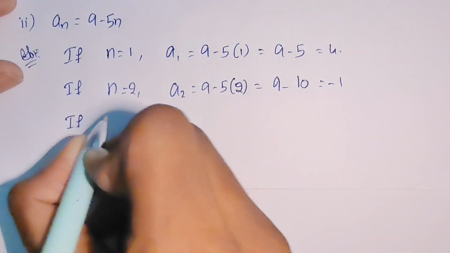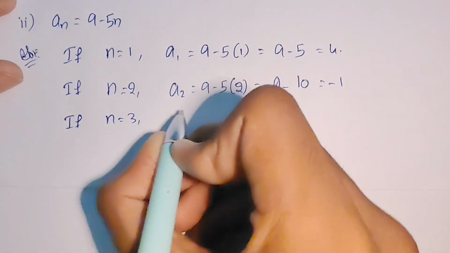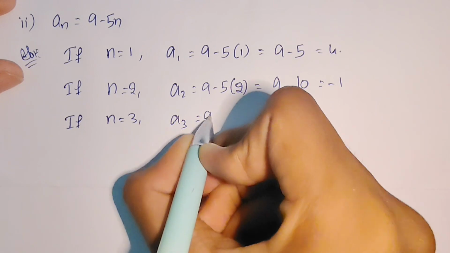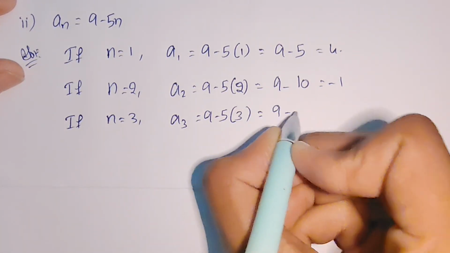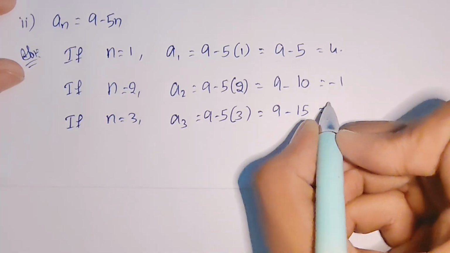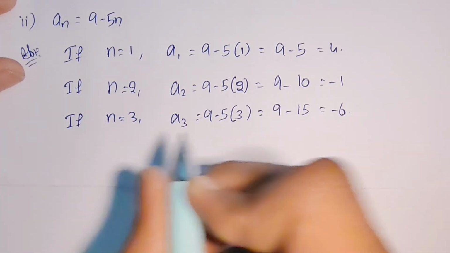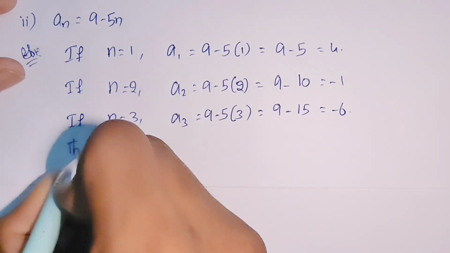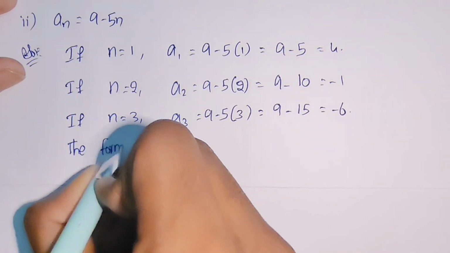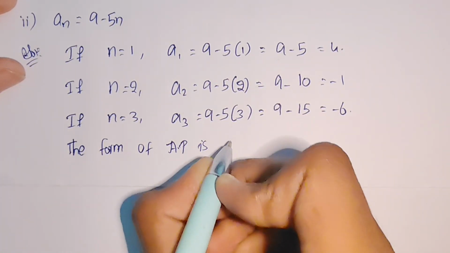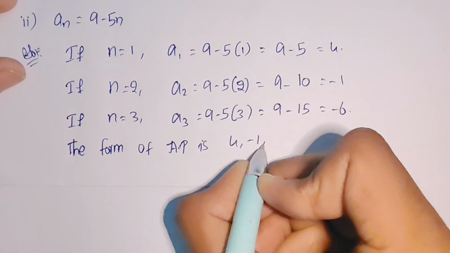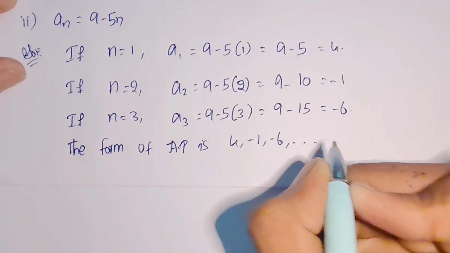If n = 3, a3 = 9 - 5 into 3 = 9 - 15, which gives -6. So therefore the form of the AP is 4, -1, -6 and so on.